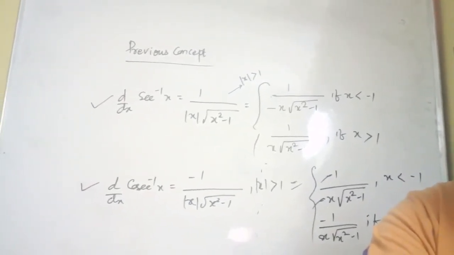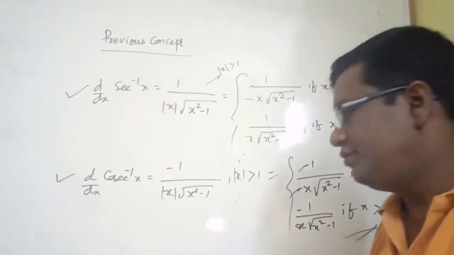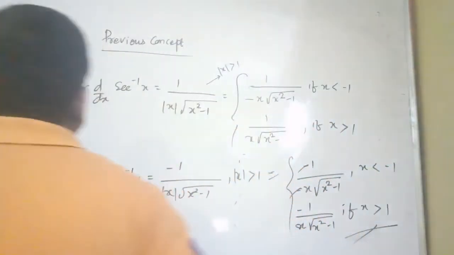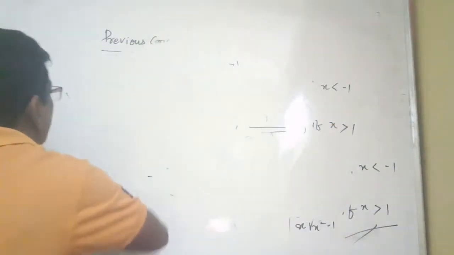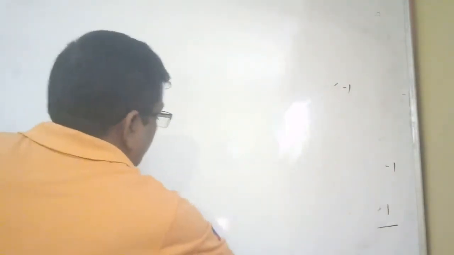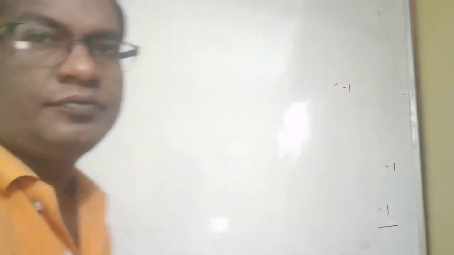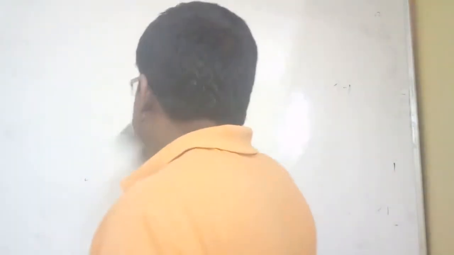Okay. Now we know the derivative of sin inverse x, cos inverse x, tan inverse x, cot inverse x, sec inverse x, and cosec inverse x from the previous lecture.